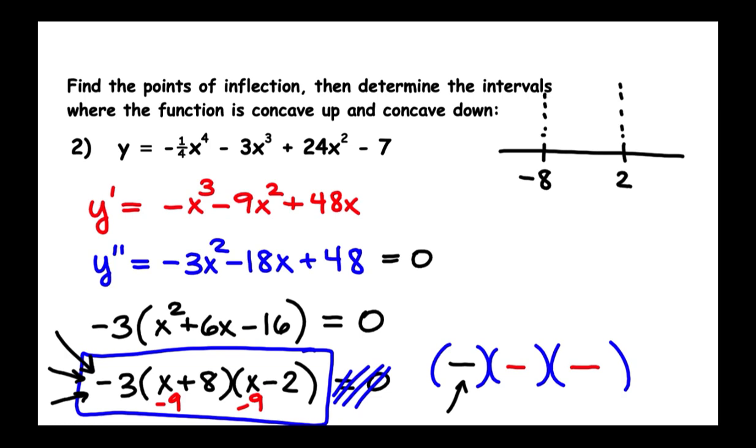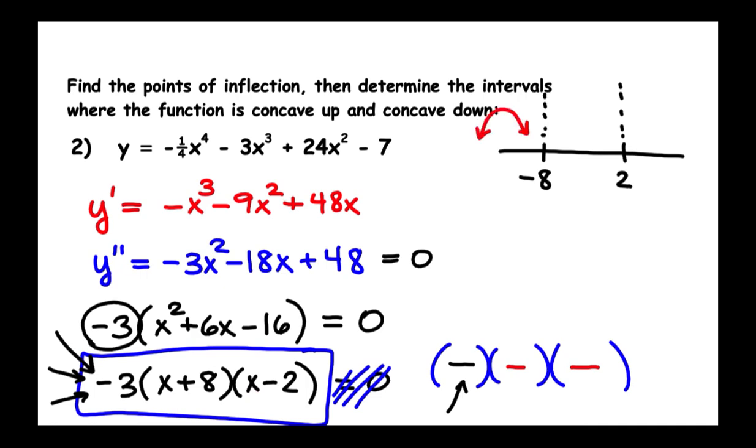Now, obviously, I don't take off full credit for that, but if you factor out a negative, you've got to write it. If you factor out a positive number, it's not as big a deal. I write it anyway, but if you factor out a negative, boy, you gotta write it down. Okay, so 3 negatives multiplied together makes a negative. If the second derivative is negative, I am concave down.